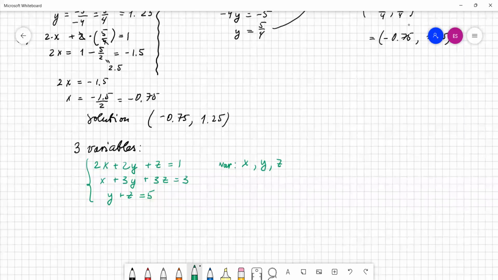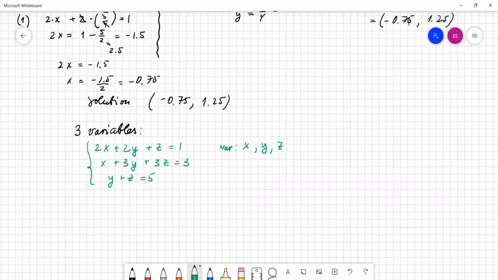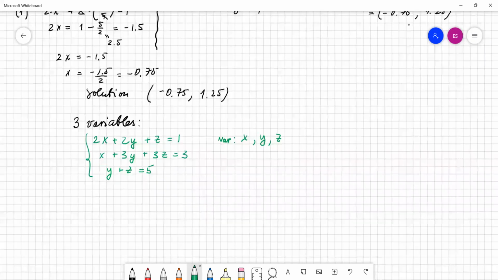Well, how do we solve it? You can use either elimination or substitution as you like. I'm going to try elimination, but again, for right now, guys, until we teach you more sophisticated methods of solving systems, both methods are going to work well.